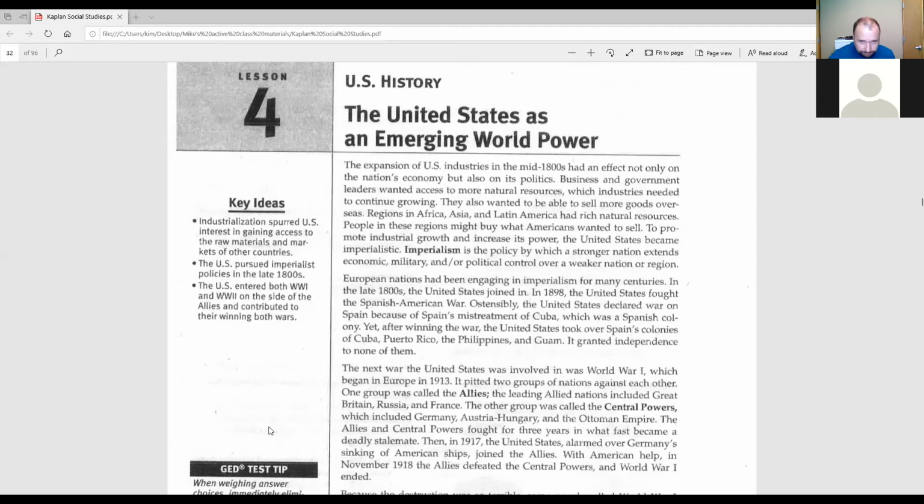And so this shift starts to affect how we run our country. Business and government leaders wanted and needed more access to natural resources to enable industries to keep growing. They wanted to be able to sell more overseas to Asia, Europe, Africa, Latin America, all these places.